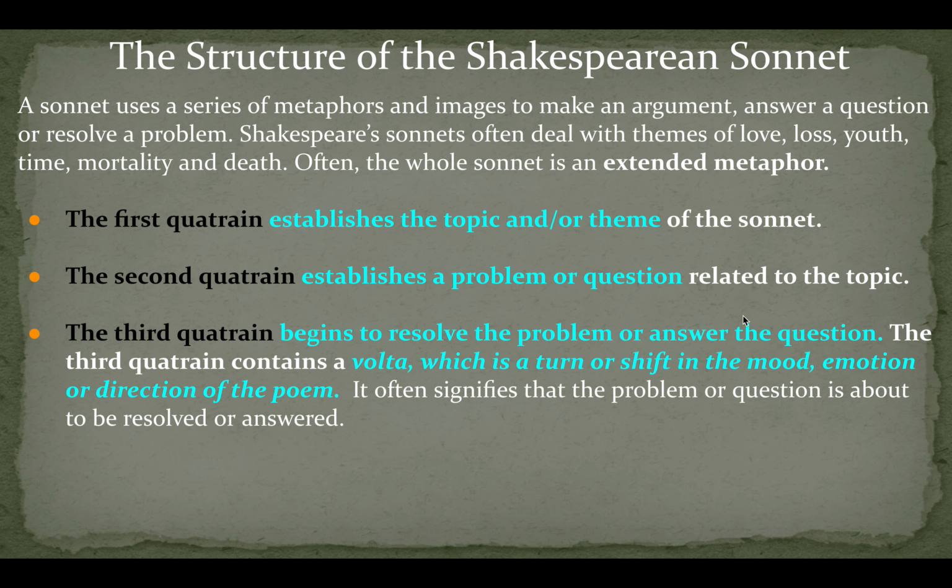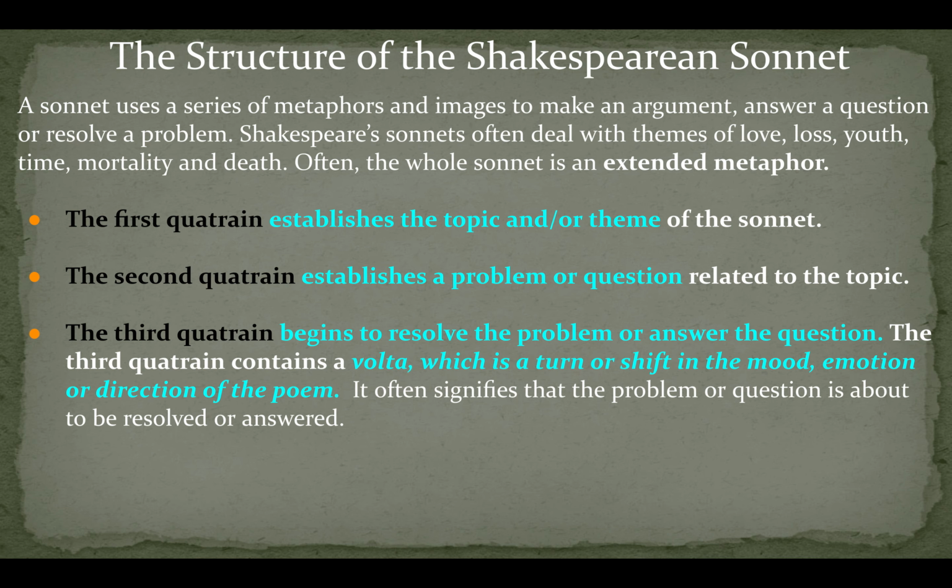Now, it's important to note that the third quatrain contains what we call a volta. We've talked about that. That is a turn or shift in the mood, emotion, or direction of the poem. This volta is a very important part of a sonnet and really can give you hints as to, oh, that's the direction that the speaker wants to go with this.